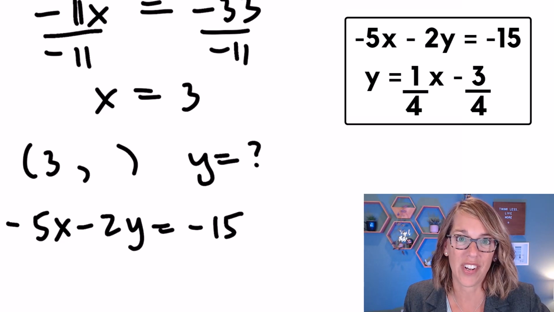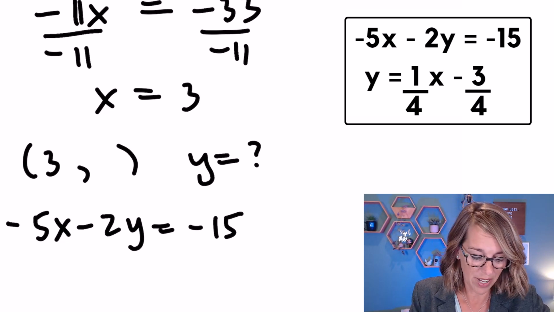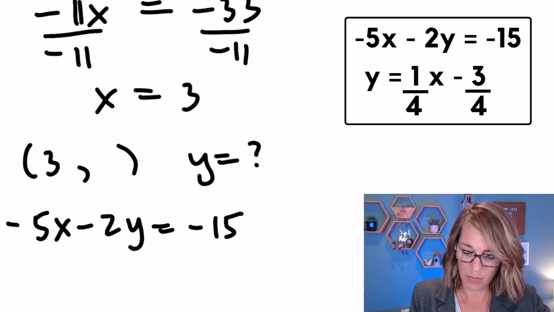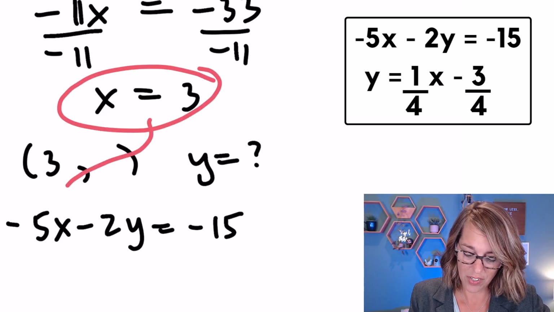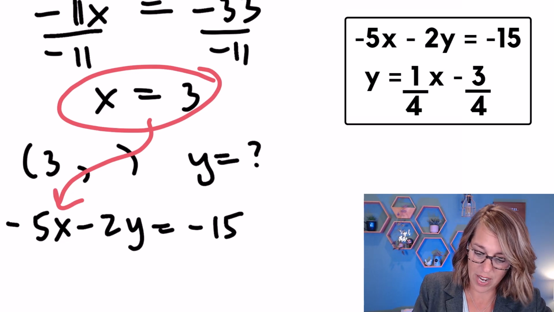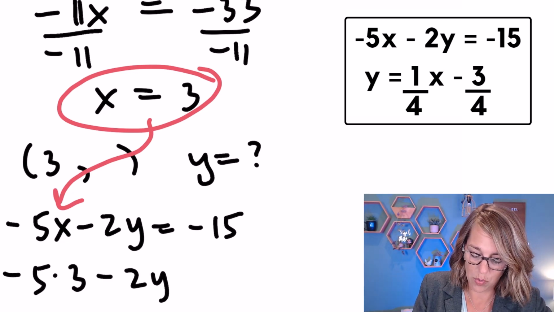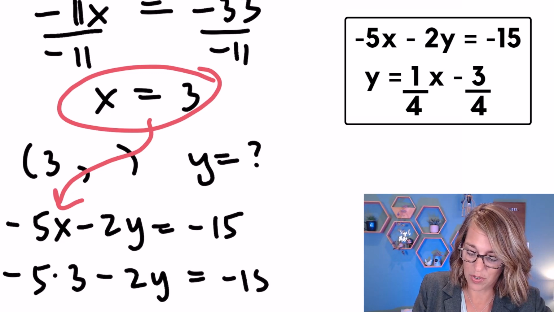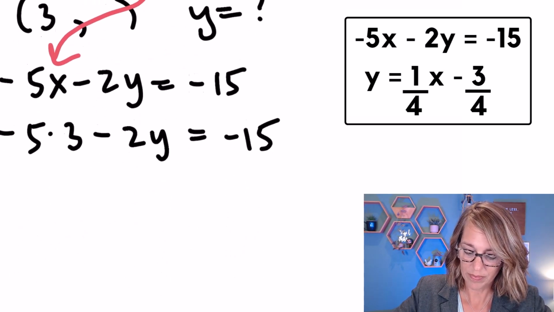Any of these equations will work. But I'm going to plug in my value for x, which is 3, right into x right here. So that is going to give me -5 times 3 minus 2y is equal to -15.